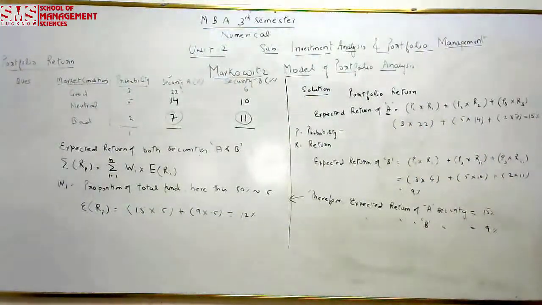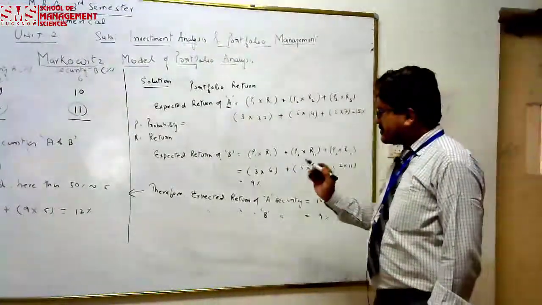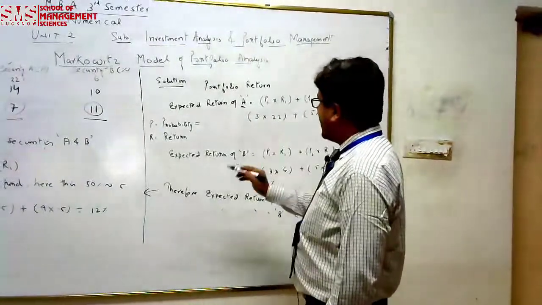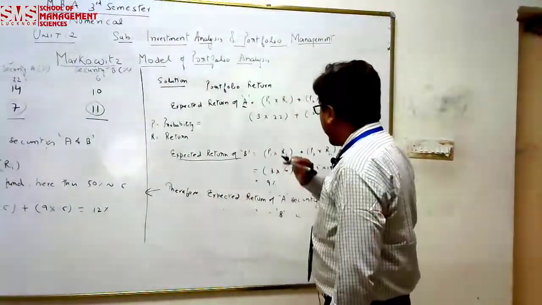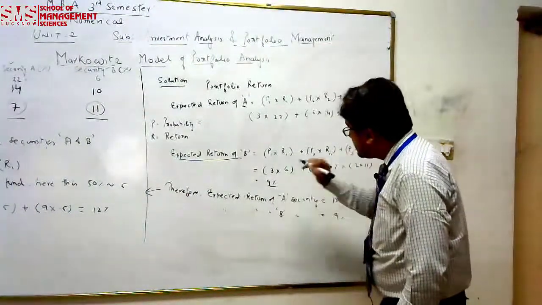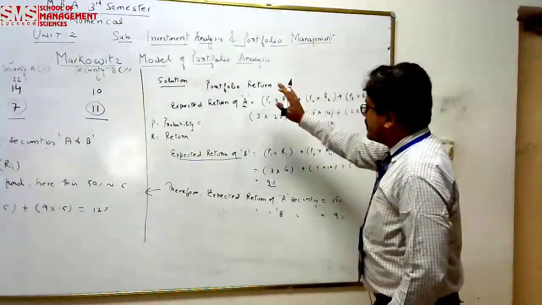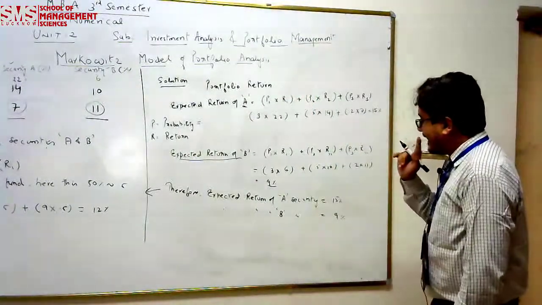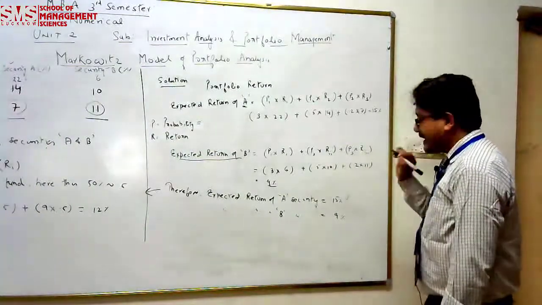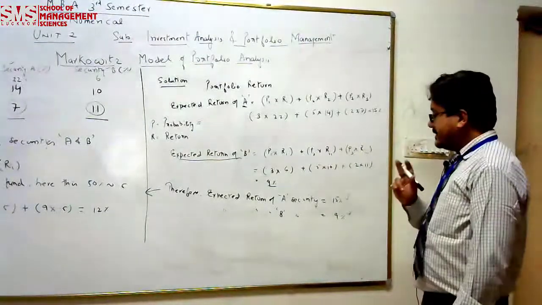That means we get an average 15% return from security A. Similarly, we applied the formula on security B and found that there is a 9% return. So from A we will get 15% average return and from B 9% average return as individual securities.